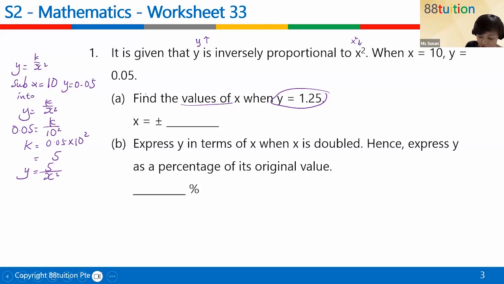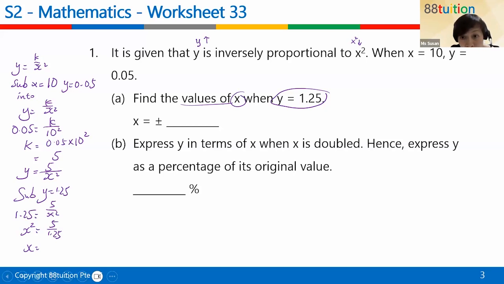In part A, they want you to find the values of x when y equals 1.25. Having your equation created, you can substitute y equals 1.25 to get your x. Manipulate it. This one you should know already. If you don't, please voice that out now so I can assist further.